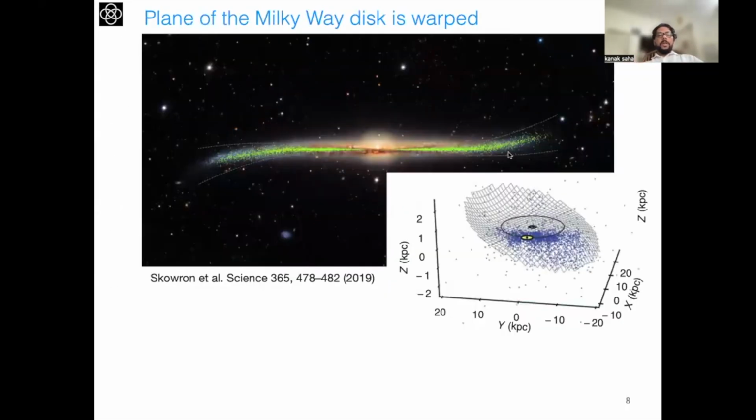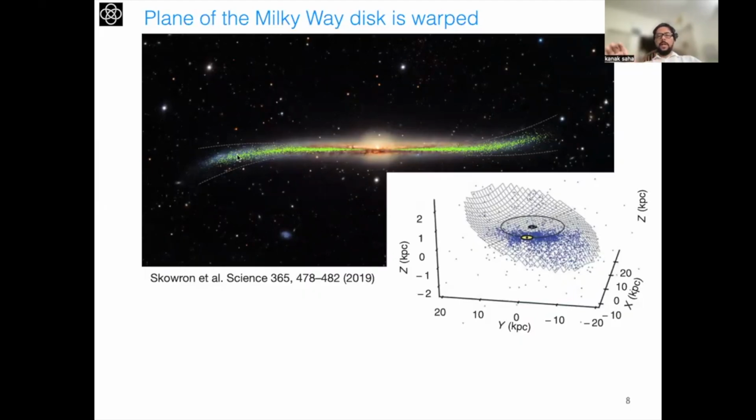When you're talking about the vertical distribution, the overall geometry of the Milky Way disk is quite interesting because the plane of the Milky Way is warped: one side is bent up and the azimuthally opposite side is bent in the downward direction.